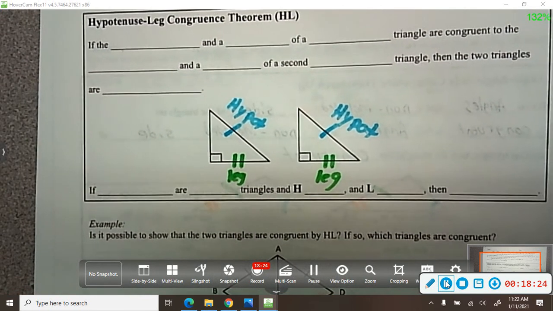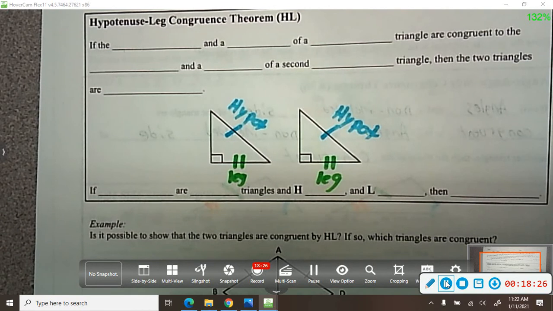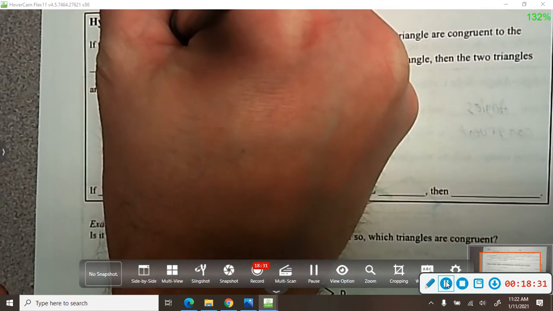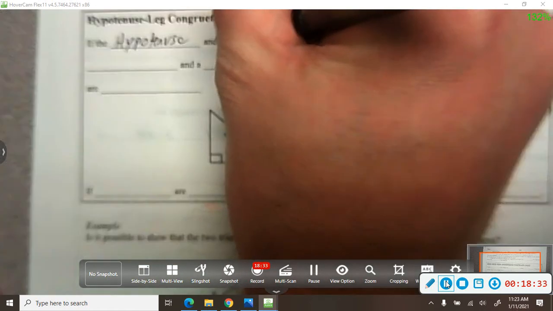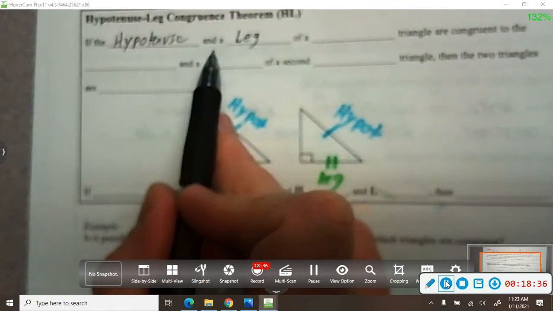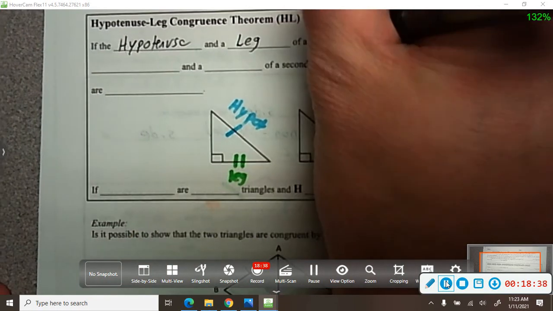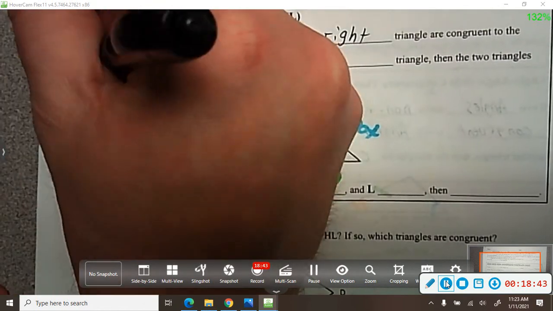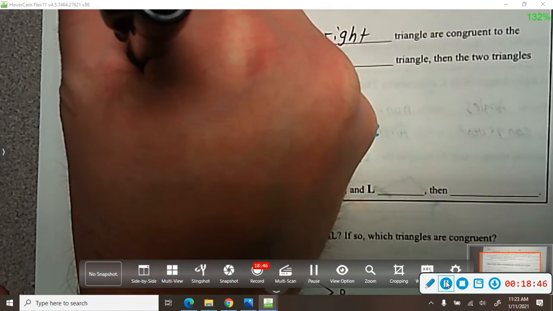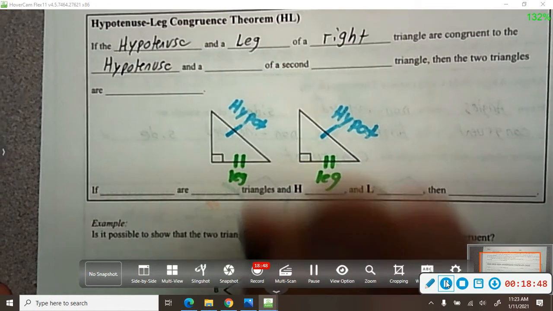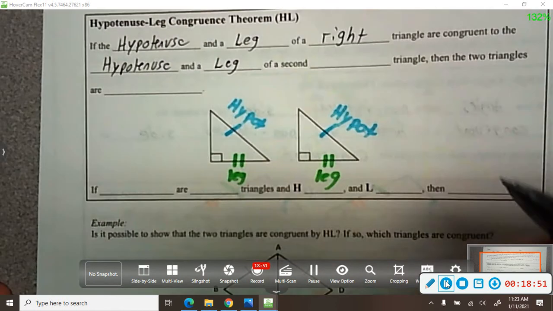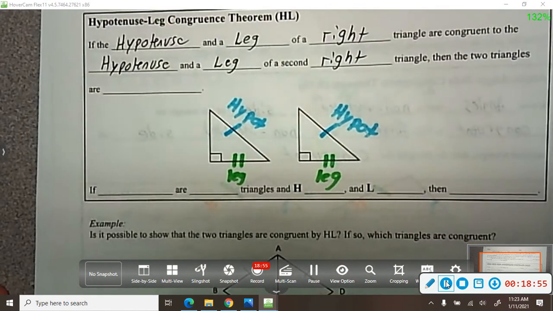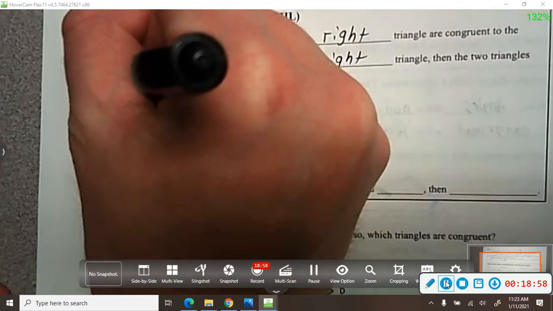If the hypotenuse and the leg, notice you only need to know one leg, of a right triangle are congruent to the hypotenuse and a leg of a second right triangle, then the two triangles are congruent by the HL theorem.